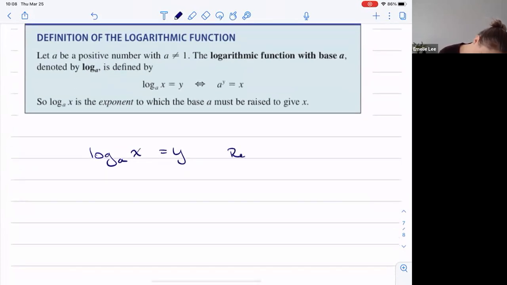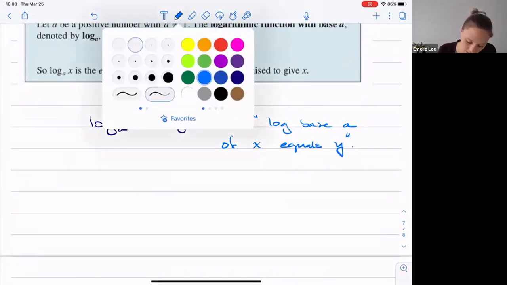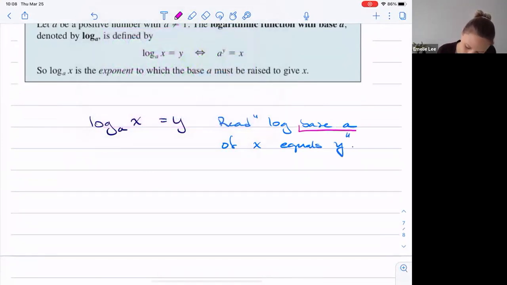You're going to read log base a of x equals y. And what's key here is that you have this base a.